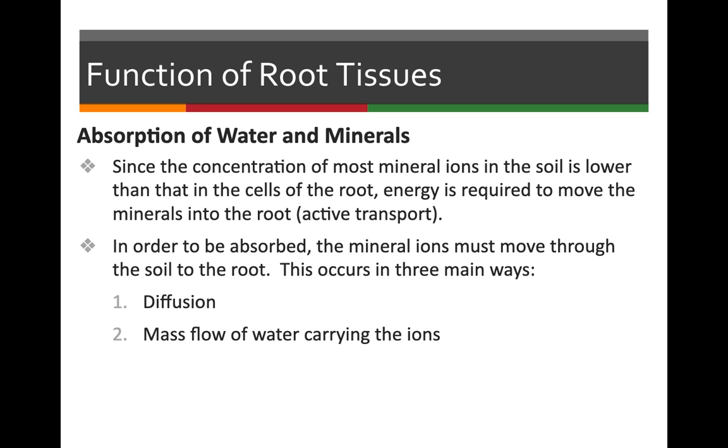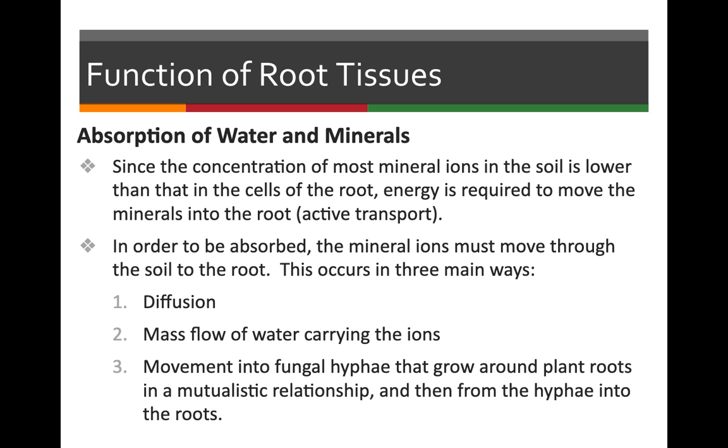When water is flowing through the soil, it's going to be carrying mineral ions with it. Or if a plant has fungal hyphae growing around it, in a mutualistic relationship, then that fungus is going to help get the minerals from the soil and then transfer them into the roots.